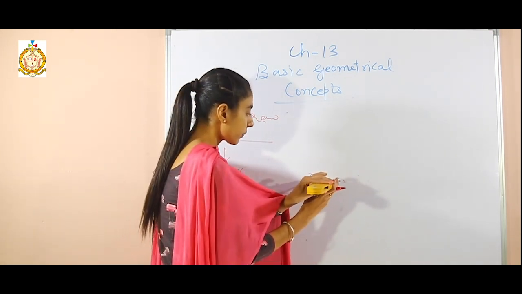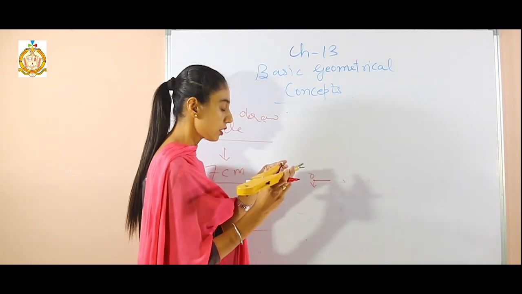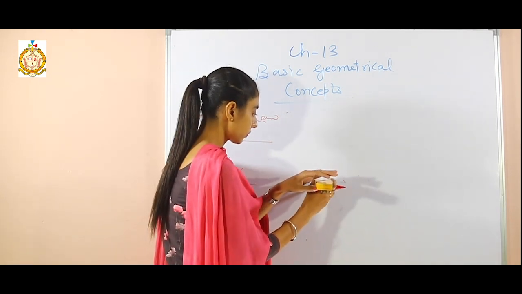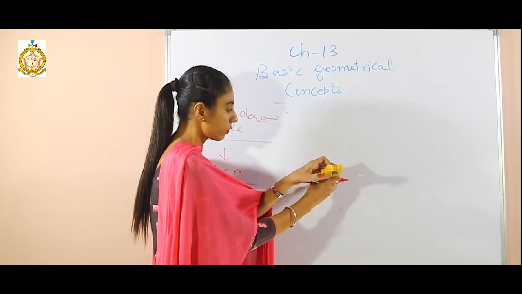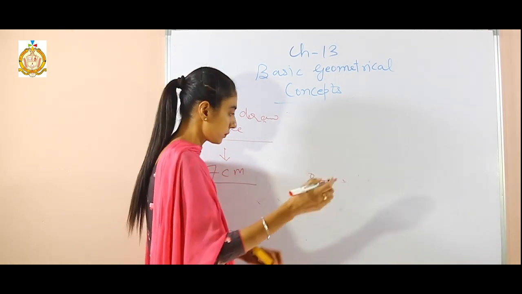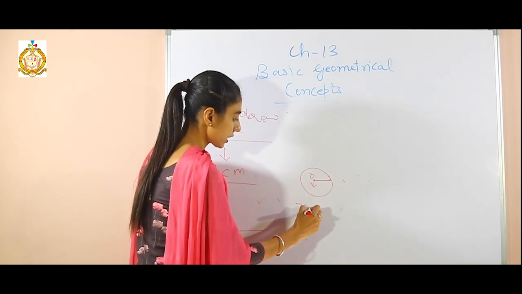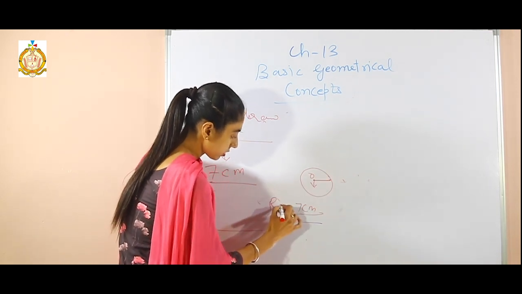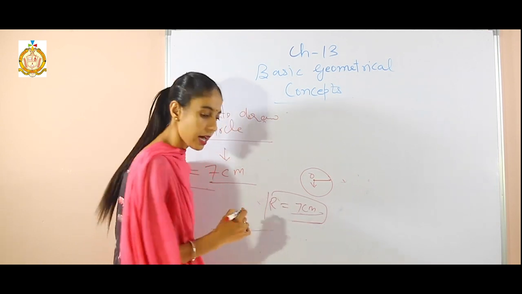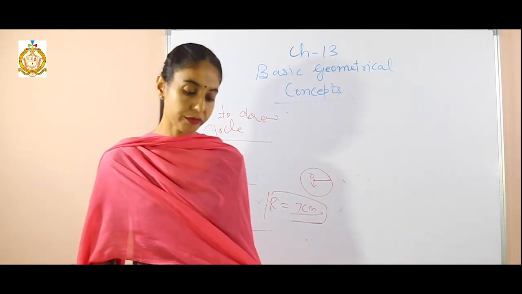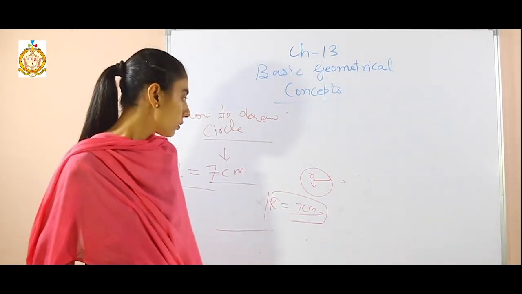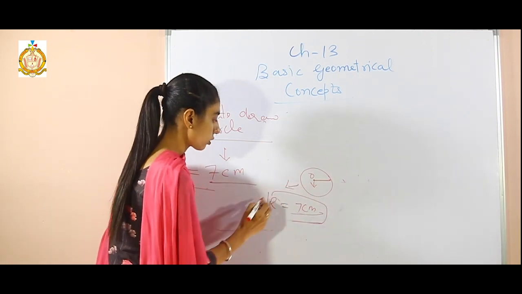You will open the compass up to 7 centimeters, and after that you will draw one circle. This is your 7 centimeter radius circle. In the same way, you can draw different circles with different lengths.